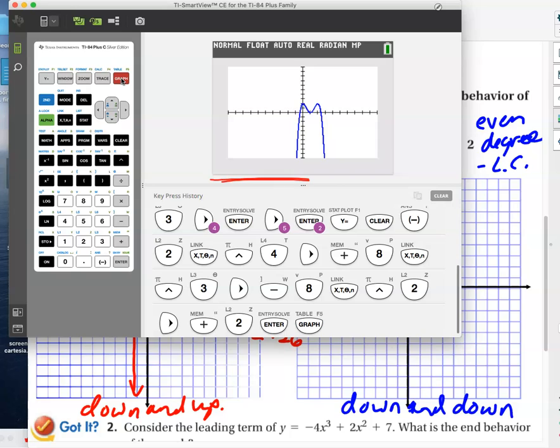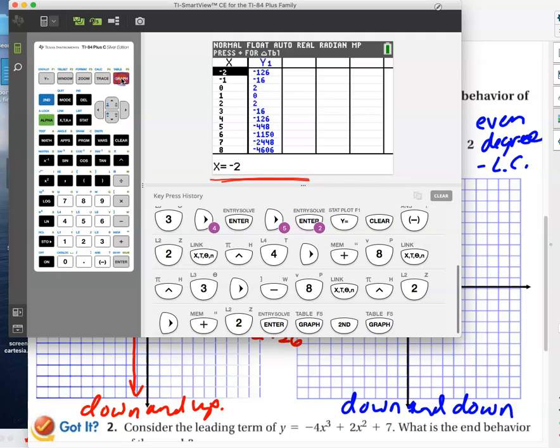There it is, little upside down looking parabola right there. And we can definitely see the down and down where the arrows would be. We just have to get the rest of it on there. So that means we're going to go into the table feature and find some points.